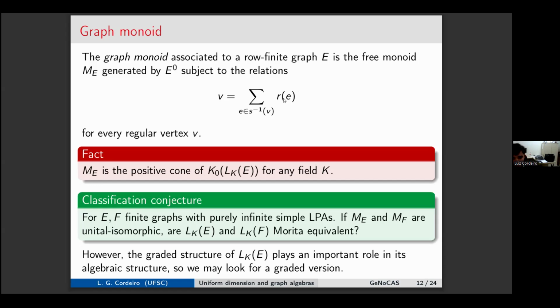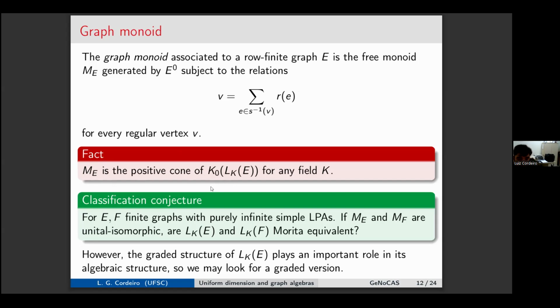So it's the sum of the ranges of the edges which start at the vertex v, for every regular vertex v. For sinks, we do not have any relations. And so this graph monoid defined here is actually the positive cone of the K0 group of the Leavitt Path algebra of the graph E.